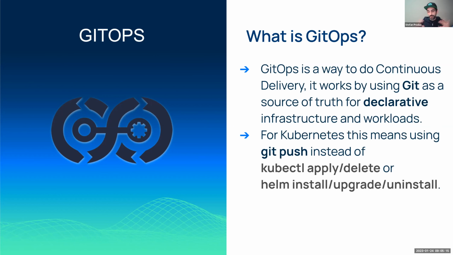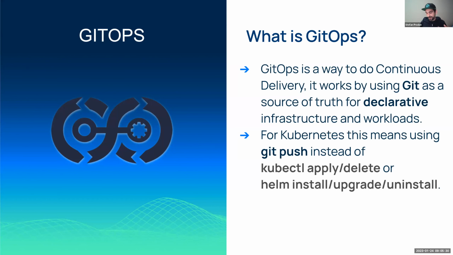Right? What GitOps tries to do is, instead of using CLI tools to perform actions on your production clusters, you'll use Git and a Git repository, one or more Git repositories.